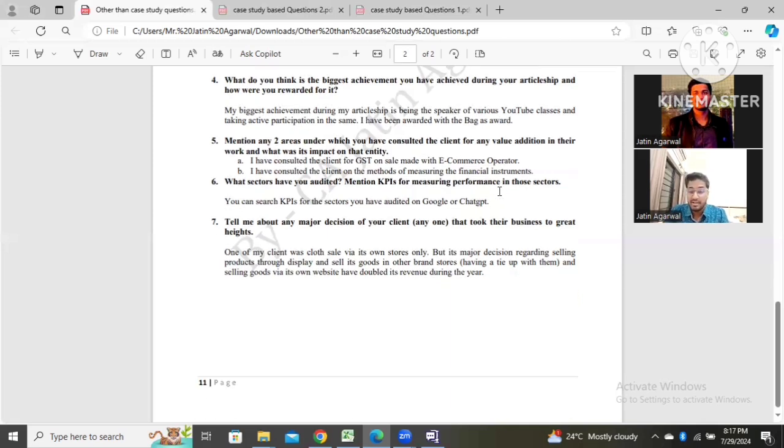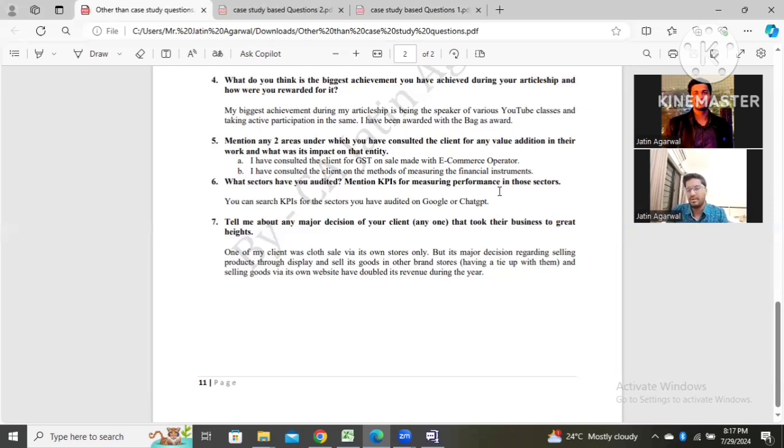Now, the next point is to mention any two areas in which you consulted the client and that created value addition for them. Here it shows that you have added some value in your organization, so please prepare on this also. I mentioned that I consulted the client on GST on sales made through an e-commerce operator, which created an impact of 10-20 lakh rupees.